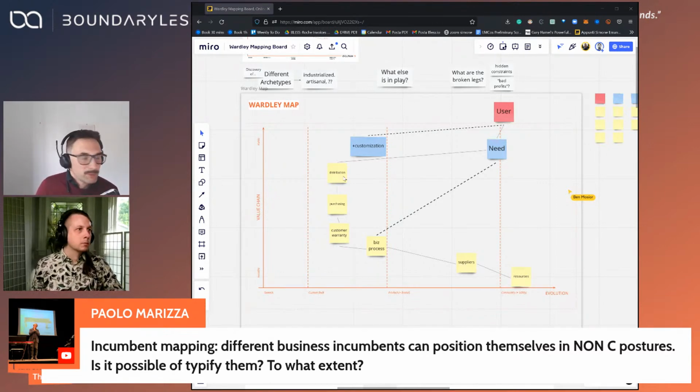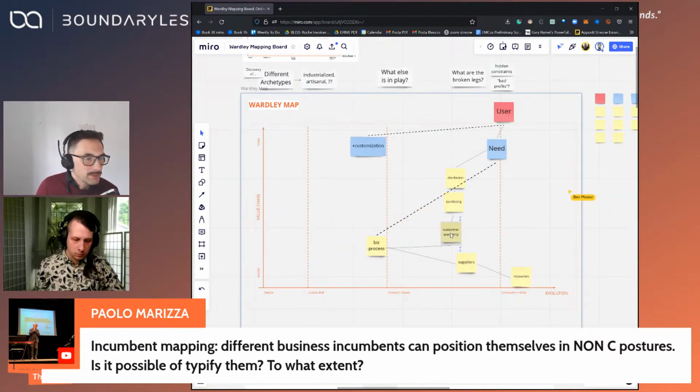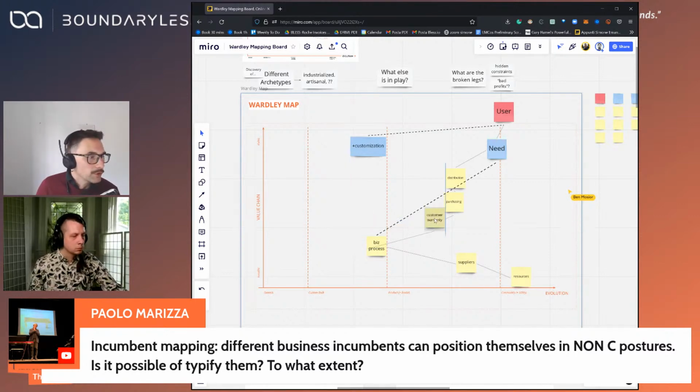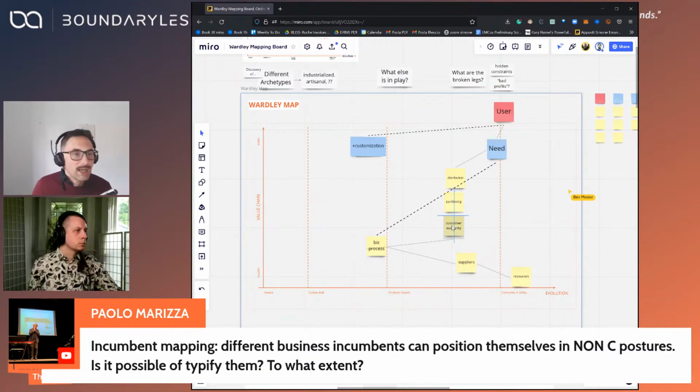Retail is different because distribution is productized and purchasing is productized. Warranty as well is productized, because when you buy something on Amazon, Amazon is responsible for giving you the warranty. So of course, this would be a different type, all right?